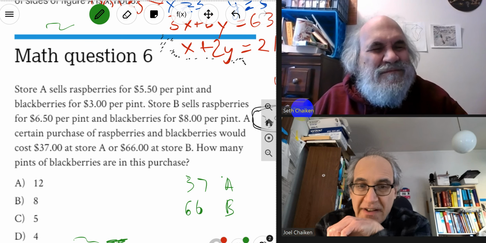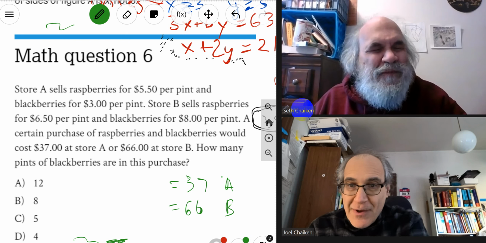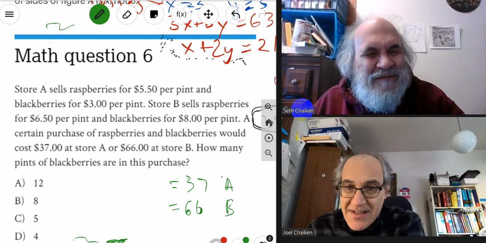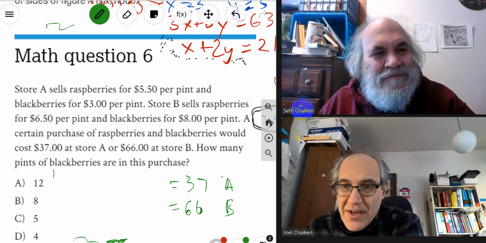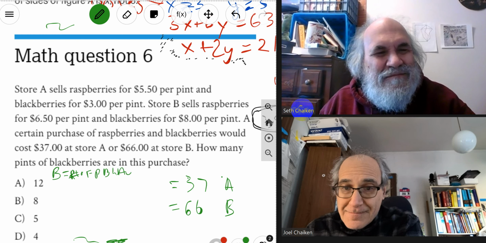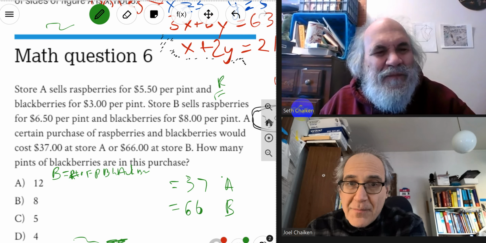Are they really asking a two-equation, two-unknown problem where we have to solve this thing? Wait, how many pints of blackberries? Oh, okay, so should we let B equal the number of pints of blackberries, and let R be the number of pints of raspberries?